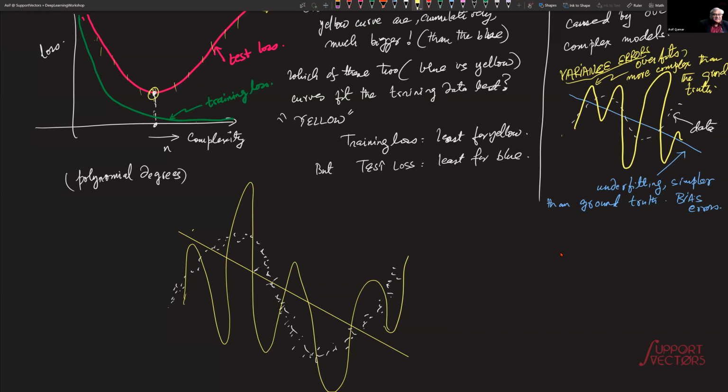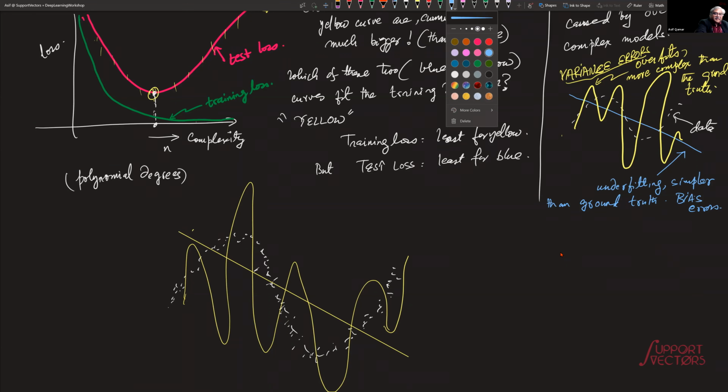So you ask yourself, what if we could take a complex model? By the way, if you're doing polynomials, you could count how many degrees of polynomial it is, how many bends it has.